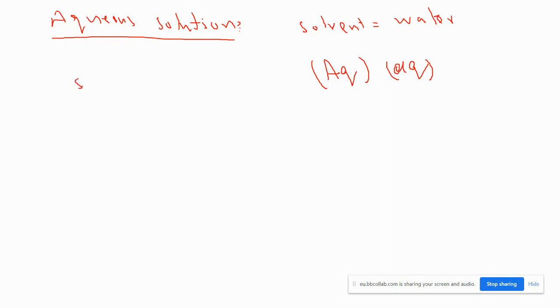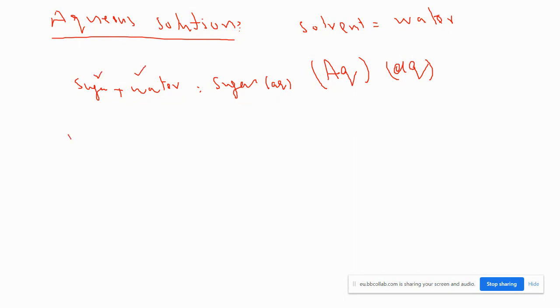Suppose we have sugar plus water, so they'll make a sugar solution. We write sugar and then AQ, aqueous solution. Water is the solvent, sugar is the solute.